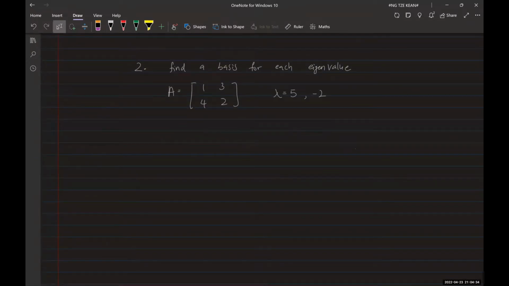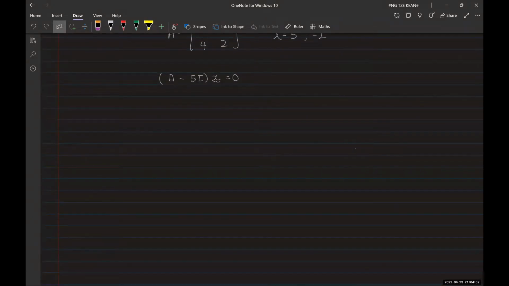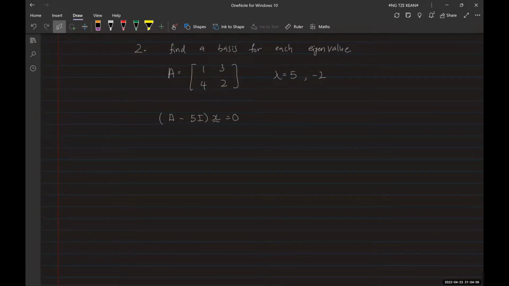So find the basis for each eigenvalue. We want to get the eigenspace. And how do we do that? We solve (A minus 5I) x equal to 0. So we solve this equation to find our eigenspace.